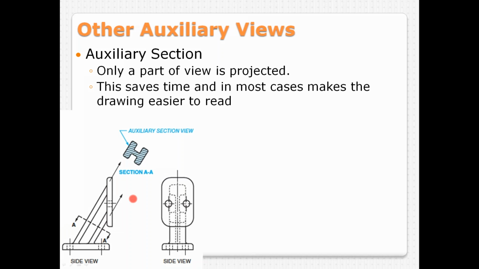You want to find out what the section here looks like, so you would just project an auxiliary section view. You want to cut the section here. So to cut this section from this inclined surface, you project them out and then draw the section here, and you want to know what the section looks like when you cut this section here.